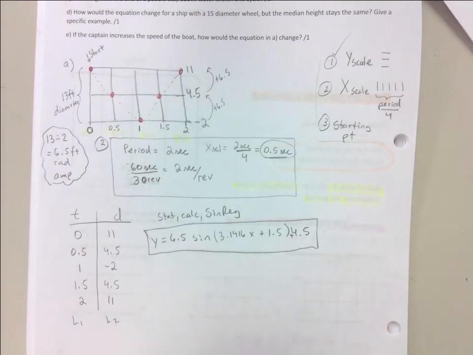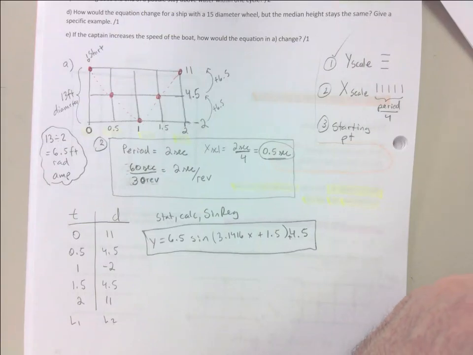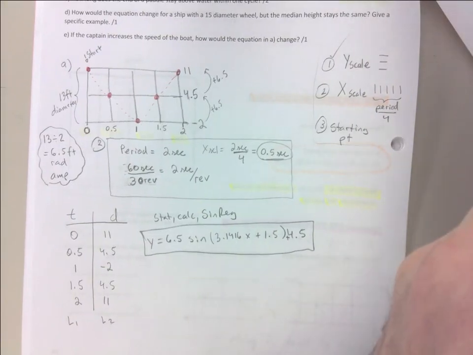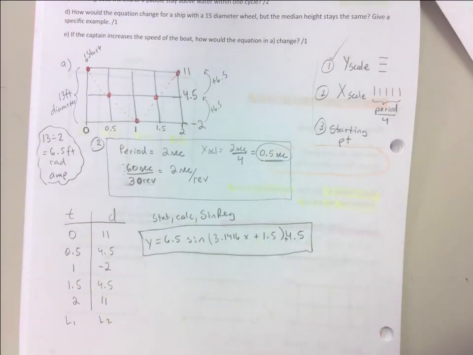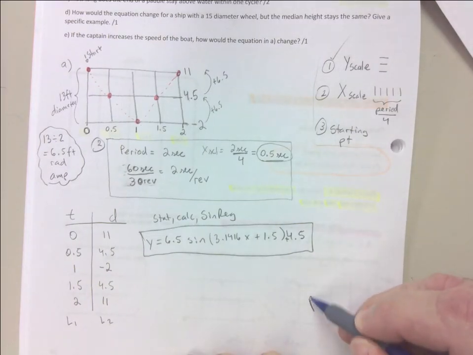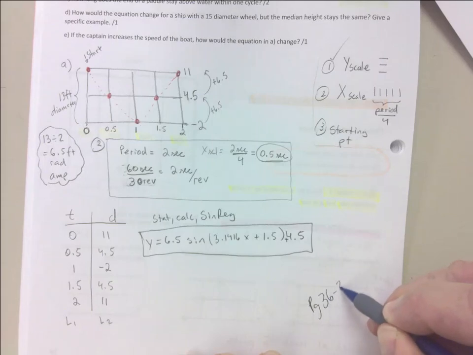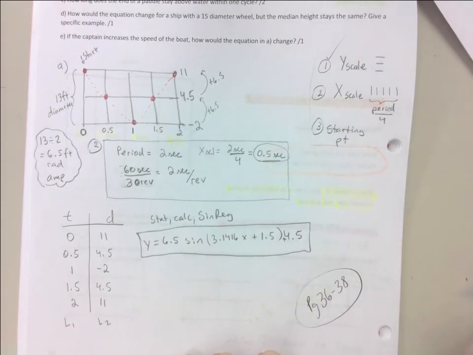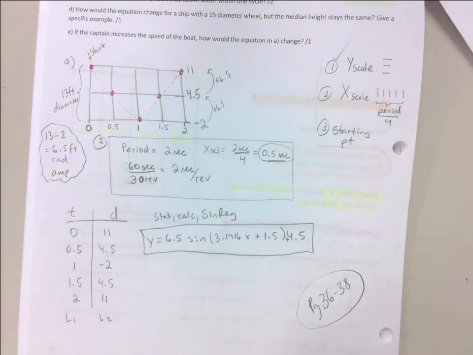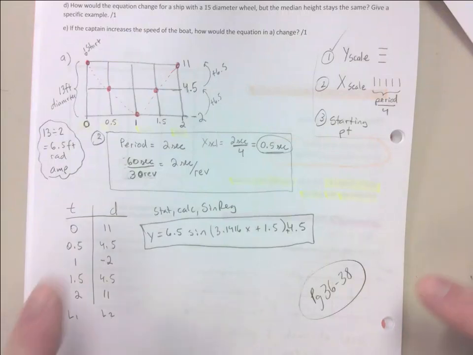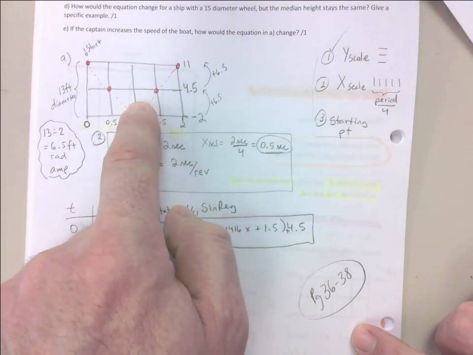So, I'm gonna ask you to try, and I'm not saying they're gonna be easy, 36 to 38. All you really have to do, okay guys, listen to this. All you really have to do is show me that you tried this, right?